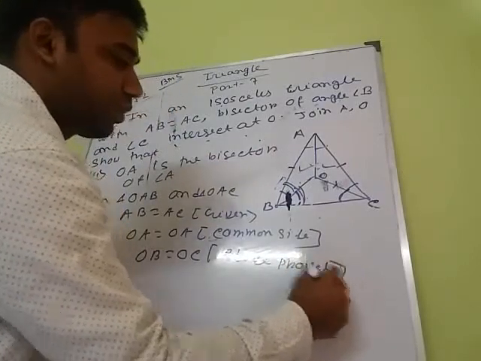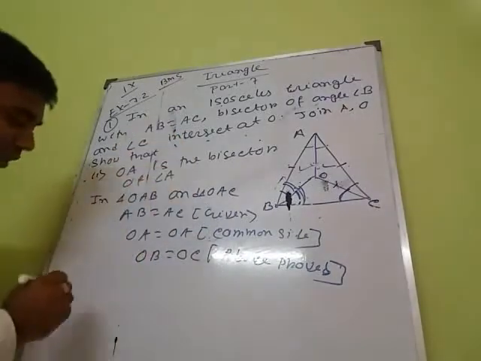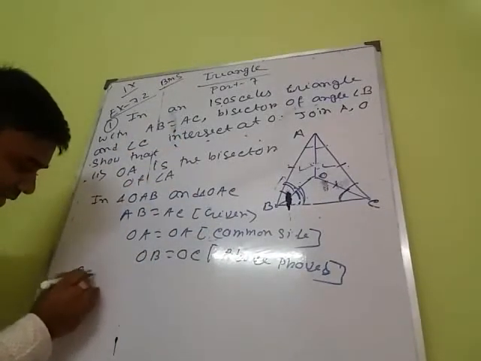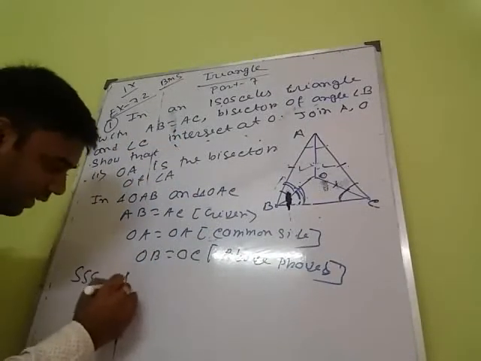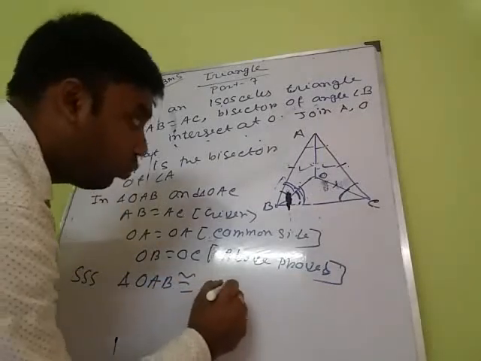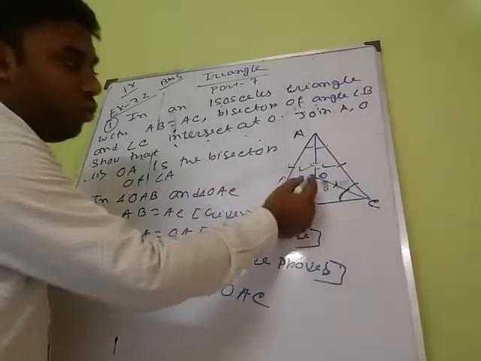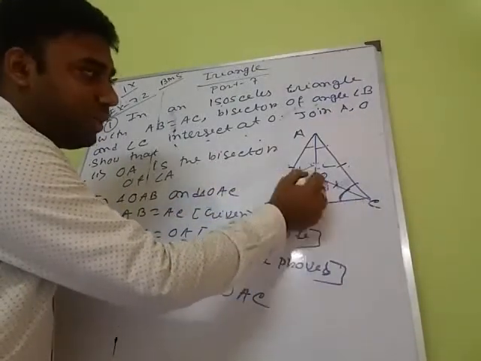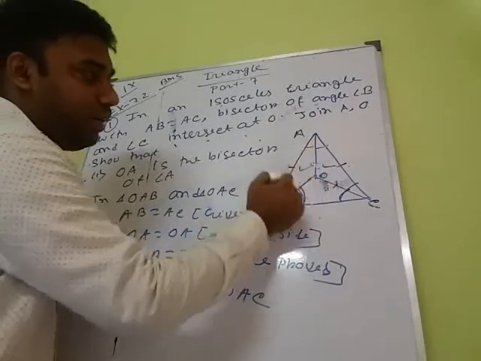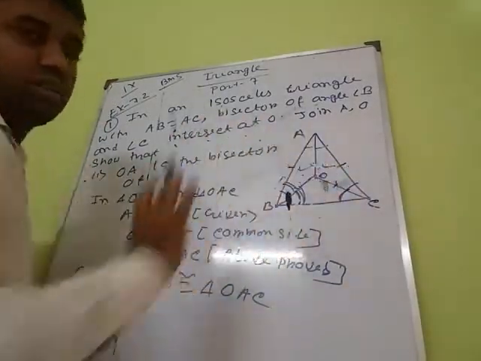So using the SSS criteria, we can say triangle OAB is congruent to triangle OAC. It is clear: AB equal to AC given, OB equal to OC proved earlier, and OA is the common side. So these two triangles are congruent.